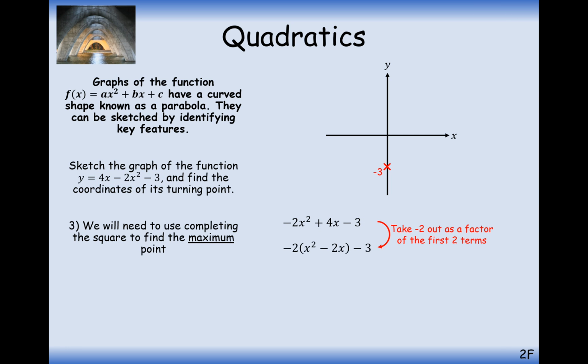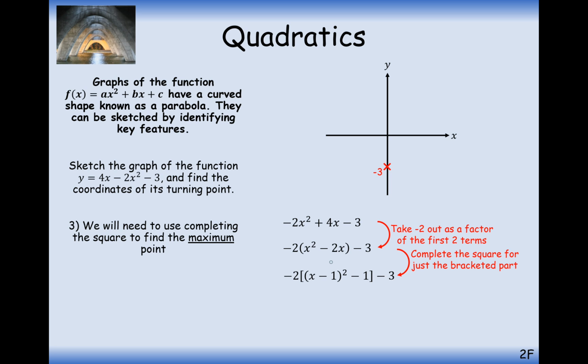-2 coming out of both of those terms will give us -2x squared and -2x here, because we need a -2 times by -2 to make +4. We're going to leave this -3 at the end here. Now we'll complete the square inside the bracket, so half the 2 and you get a 1, and take away the 1 squared and you get -1.